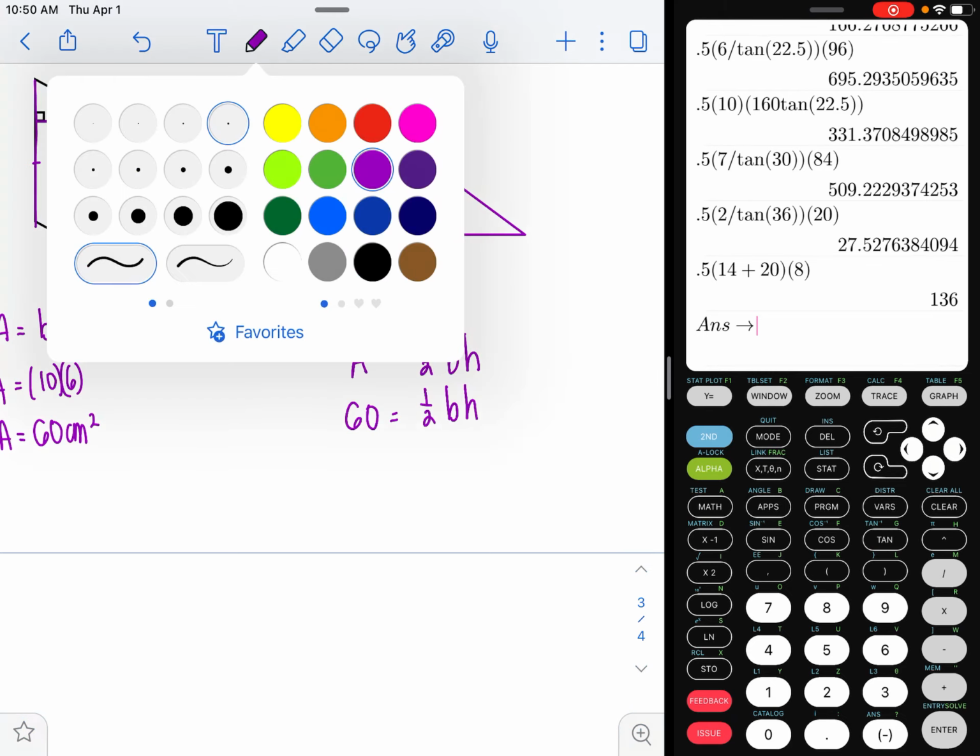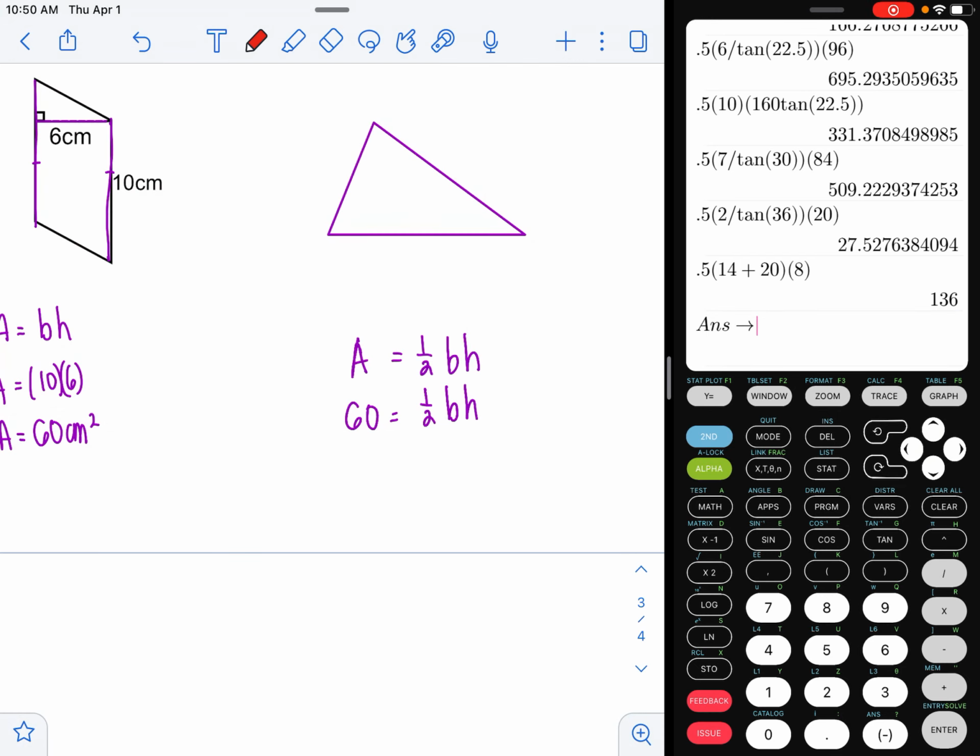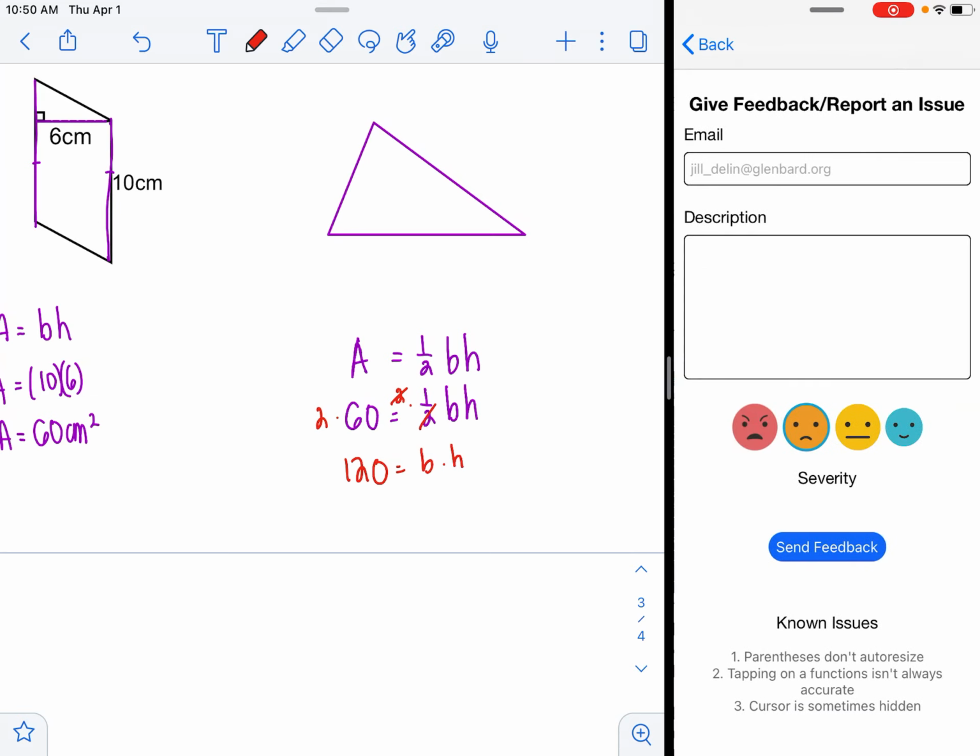Another way of thinking about it is that you can multiply both sides by 2 to get rid of the 1/2. So now you have 120 equals base times height. So I just need two numbers that multiply to give me 120. Any two numbers. I think 12 and 10 work out nicely personally.